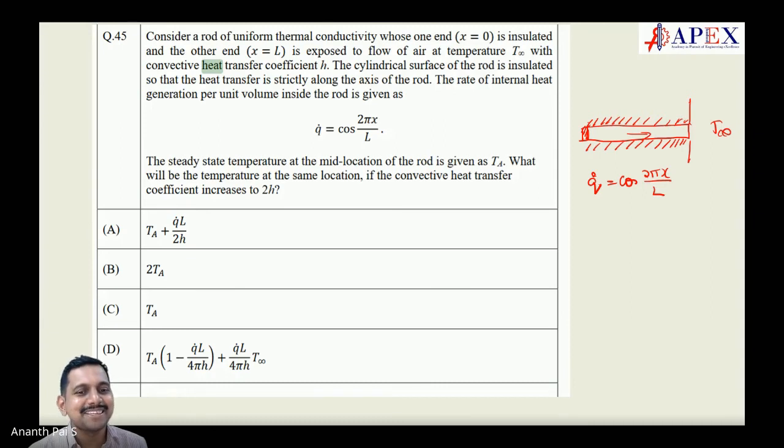The steady state temperature at the mid location of the rod is given as Ta. What will be the temperature at the same location if the convective heat transfer coefficient increases to 2h? Easy?